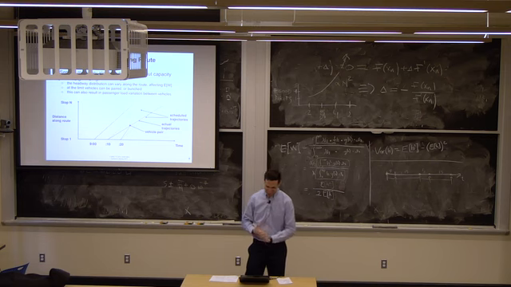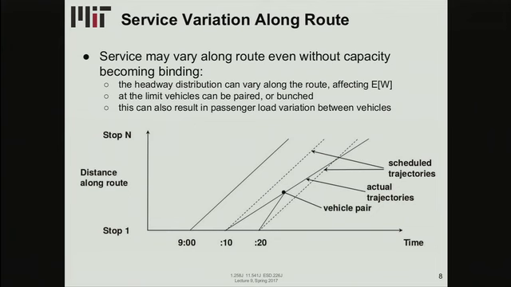So this is a conceptual, very simplified diagram, but here's the idea. So you have some scheduled trajectories in dashed lines. So we're essentially planning to run service every 10 minutes, departing from stop 1 at 9, 9:10, 9:20, etc. And if things run according to plan, you will keep a 10-minute headway throughout the route. But that's not what happens.